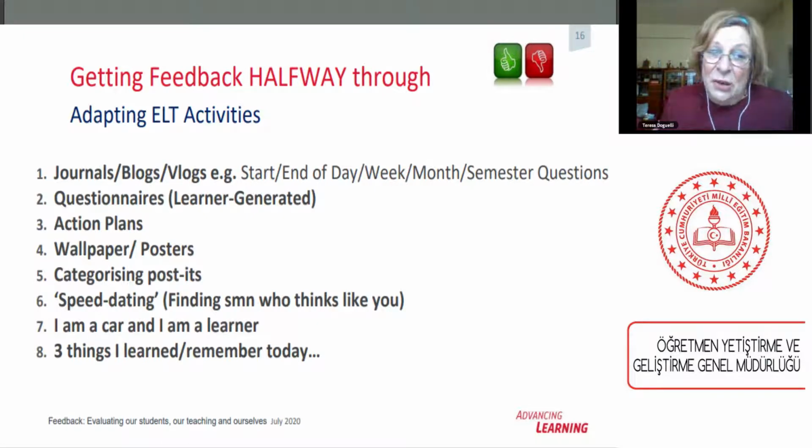Another interesting thing also, action plans. So if they've made action plans at the beginning, they're going to look at their action plans and see how far they've got. Wallpapers and posters, just getting them to draw how it's been so far, how they've enjoyed the lessons, what they remember from what lesson, what did they feel, what did they see, what did they hear, getting them to draw, to illustrate.